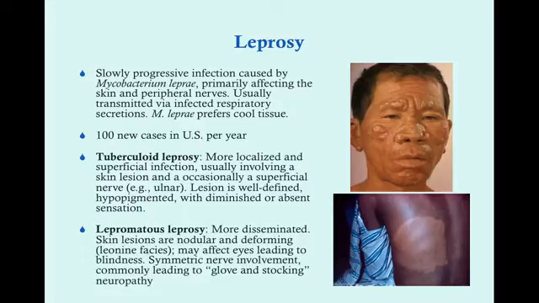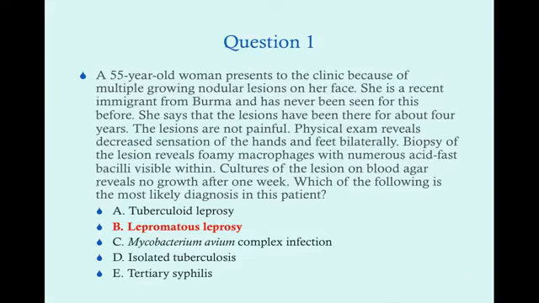So leprosy is a slowly progressive infection caused by Mycobacterium leprae. Mycobacterium leprae is a gram-positive pleomorphic acid-fast rod, and it is impossible to grow on artificial medium. See where I said culture of the lesion on blood agar reveals no growth after 1 week? I could have said after 1 year or 1 century, and you would have still had no growth.